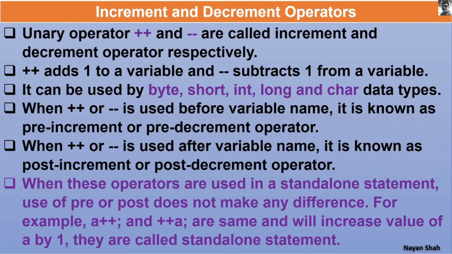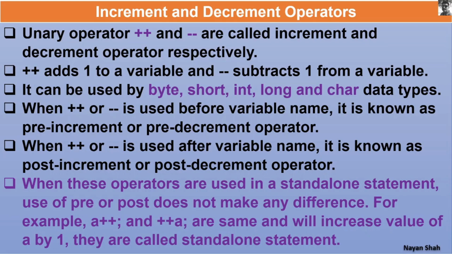Next operators are the increment and decrement operators. They are unary operators. They work on only one operand. The unary operators plus plus and minus minus are called increment and decrement operators respectively. Plus plus adds 1 to a variable and minus minus subtracts 1 from a variable.